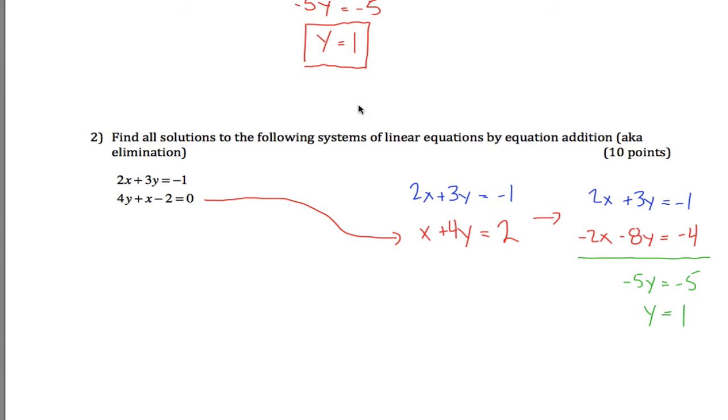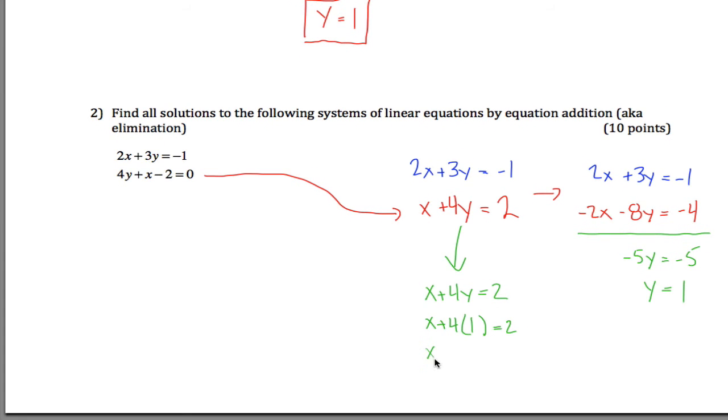To finish up this problem, you want to take that y equals 1 and plug it into one of your equations. So I had x plus 4y equals 2. Maybe I'll just drop that straight down. x plus 4y equals 2. But I just figured out that y is equal to 1, so instead of writing y, I can write 1.